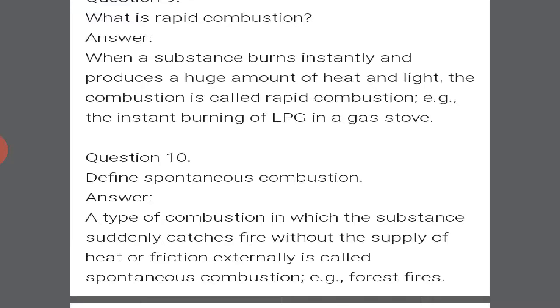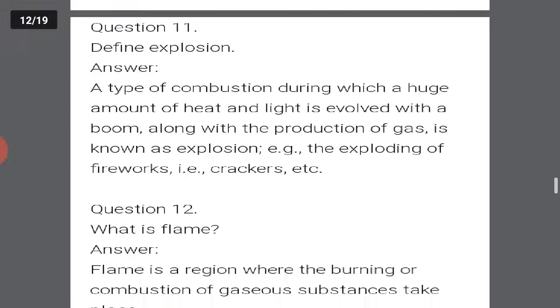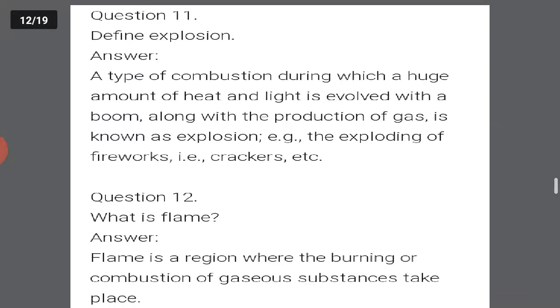Let's discuss the next question. The third type of combustion is explosion. Define explosion. A type of combustion during which a huge amount of heat and light is evolved with a boom along with the production of a gas is known as explosion.